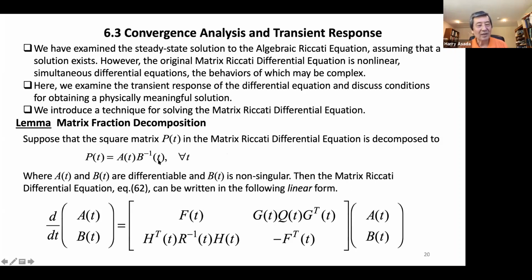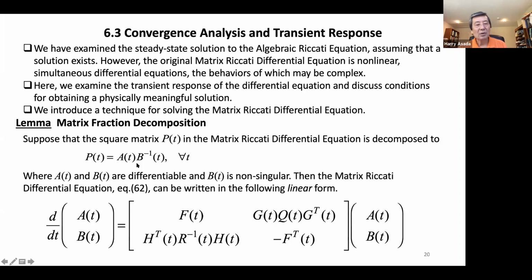Now suppose that the square matrix P(t) in the matrix Riccati differential equation is somehow decomposed as P(t) equals matrix A(t) times B inverse(t), for all t.